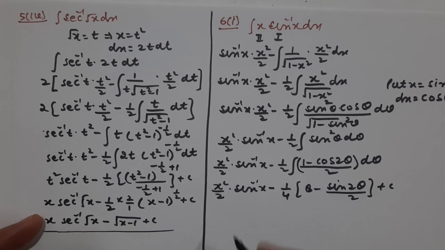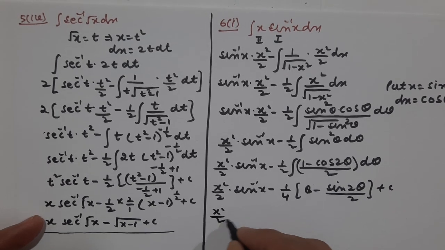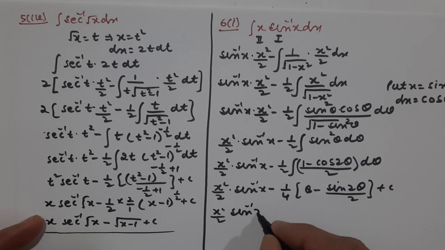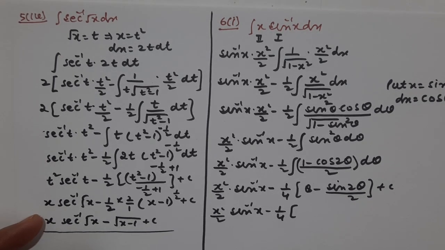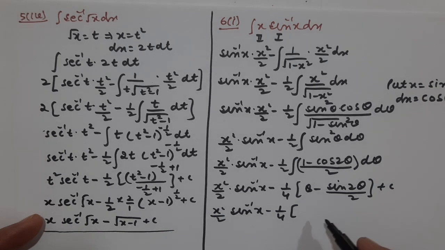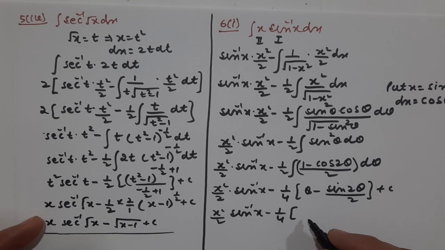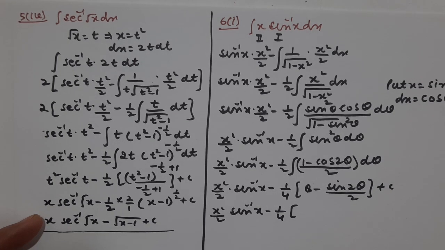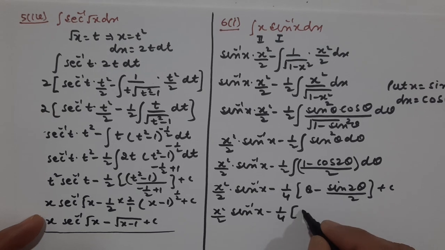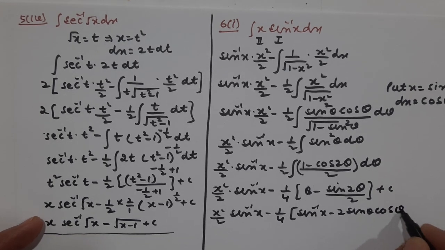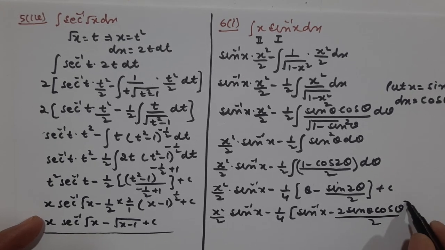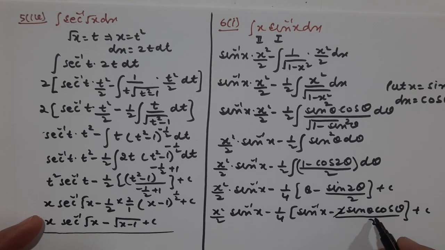Now let us solve it further to match the answer. So x square upon 2 into sine inverse x minus 1 by 4. Now the value of theta is sine inverse x, and the formula of sine 2 theta is 2 sine theta cos theta upon 2 plus c, cancel 2 with 2.